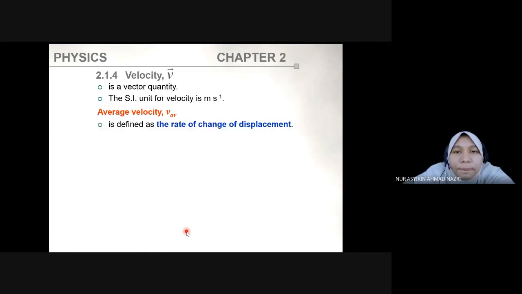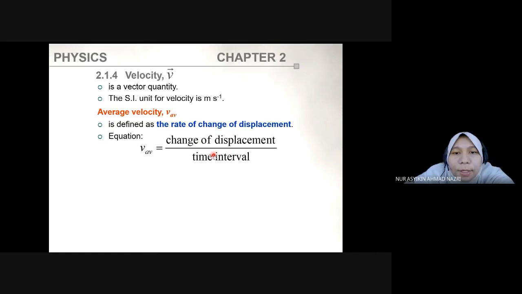Velocity, we have average velocity. Okay. Which is defined as the rate of change of displacement. So change of displacement over time interval. Right? So X2 minus X1. Yang ni memang saya pakai X. Saya kat sini baru saya ubah.